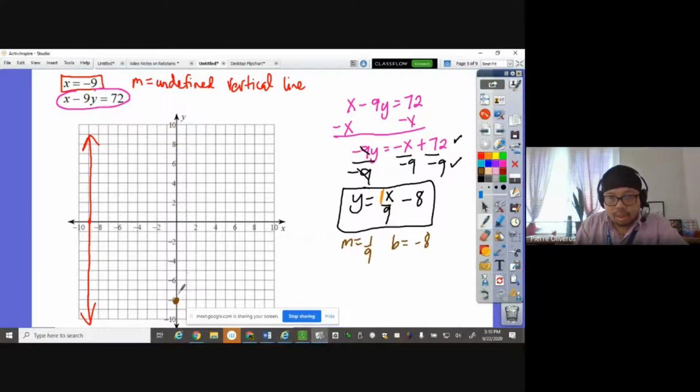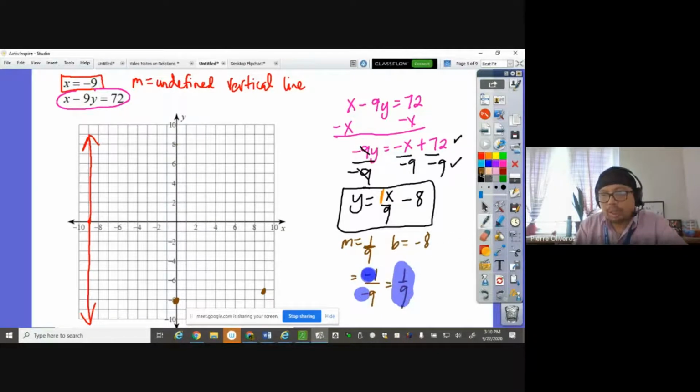Okay, so we go 1 up, over 9: 1, 2, 3, 4, 5, 6, 7, 8, 9. That's the point. Okay, 1 over 9 is positive, right? We know that negative 1 divided by negative 9 is also going to be 1 over 9. They're the same thing because negative divided by negative is positive.